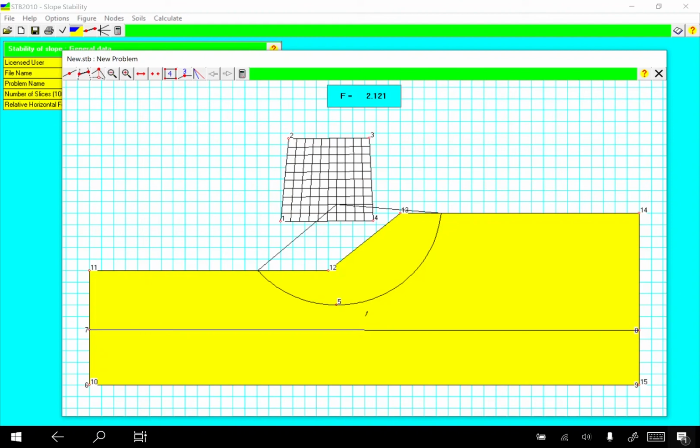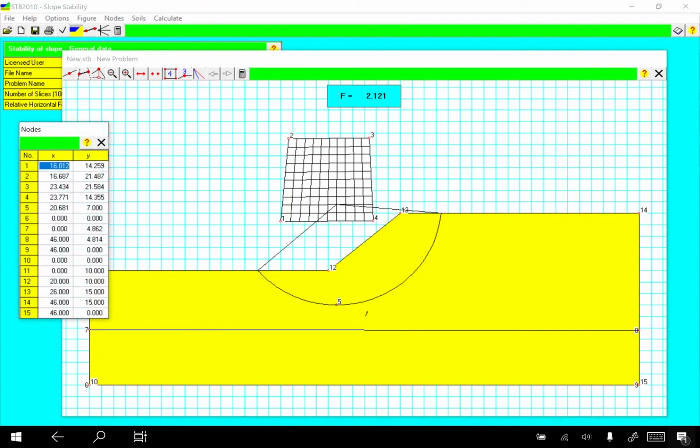And you may see that I just do it in a very sloppy way by dragging the points. We can also do it in a more accurate way by clicking nodes in the manual. And you can see the coordinates of all the nodes for the soil, the water, and the mesh. We can change the values, and in that way we can control different points accurately.